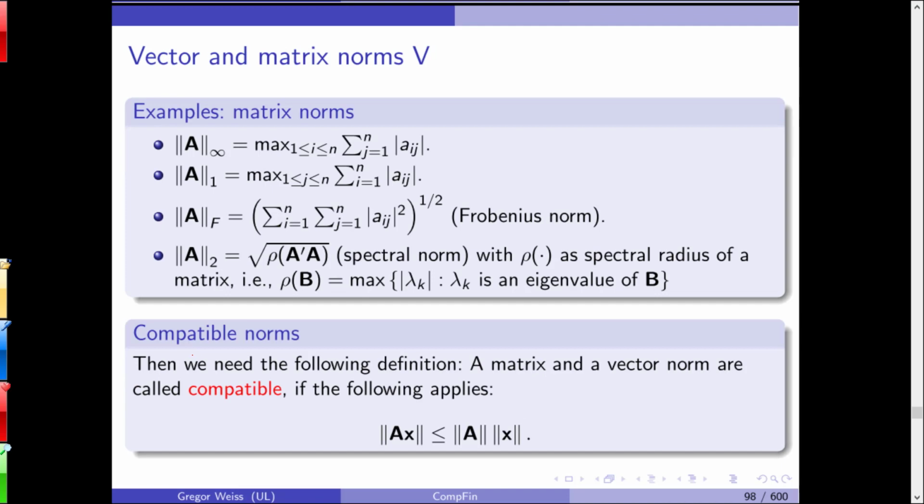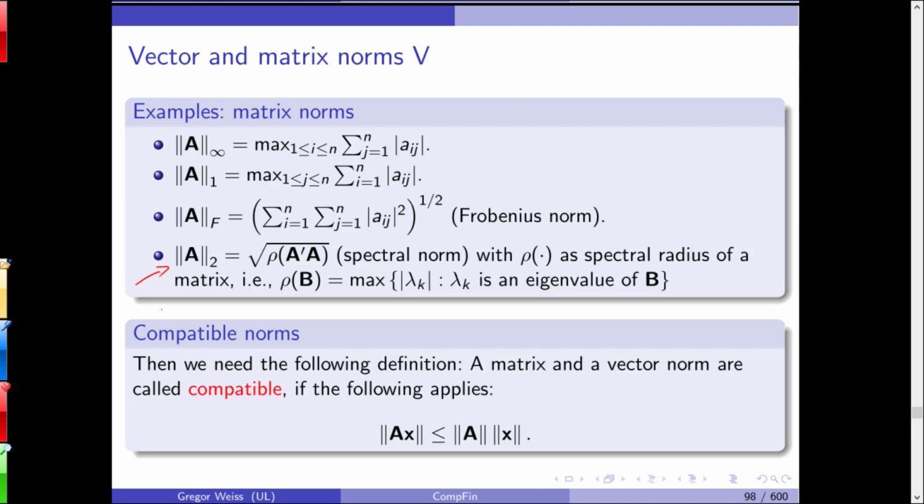Okay. With matrices, we also have the L1, the L2, the L infinity norm, the so-called Frobenius norm, that is slightly different. And you can see here, with the L2, the Euclidean norm, you need the so-called spectral norm, or the spectral radius of a matrix.